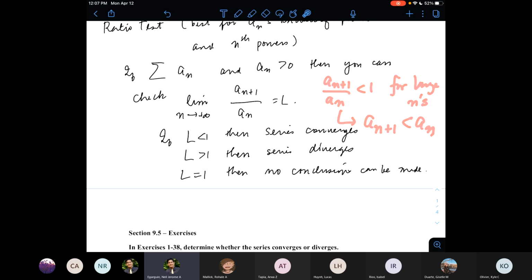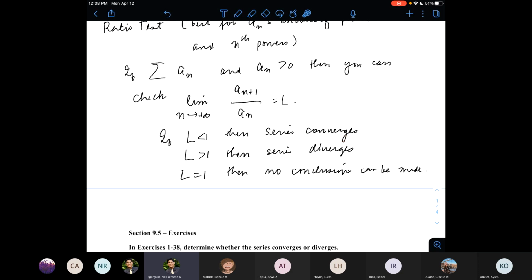That means in the long run, the terms will be smaller than the previous terms. So the terms in your summation will eventually decrease at the ratio L, right? Since your summation towards the end will keep on decreasing, you will get a finite sum. That's why we say that the series will converge.